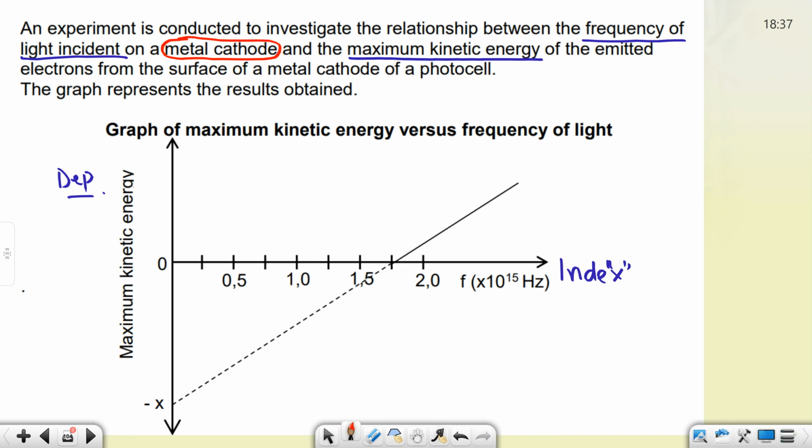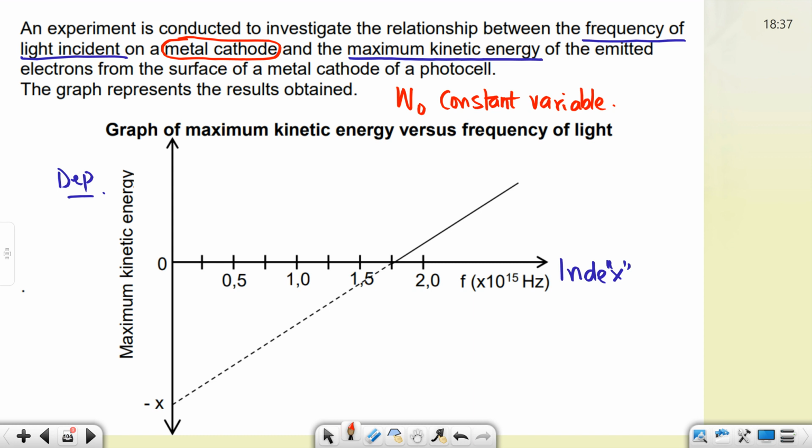So I am changing the frequency, but the metal cathode remains the same, and I'm watching the maximum kinetic energy. Once we mention the metal cathode, we are actually talking about work function being constant. So work function is my constant variable.